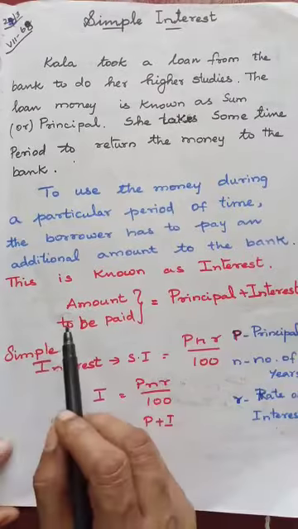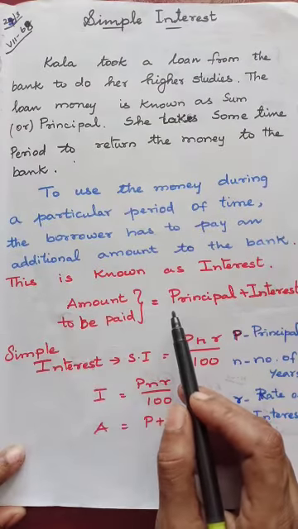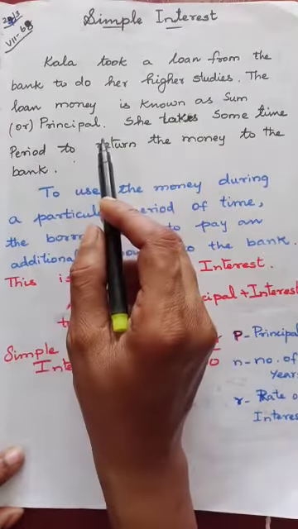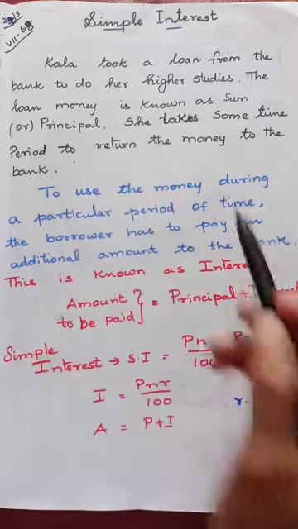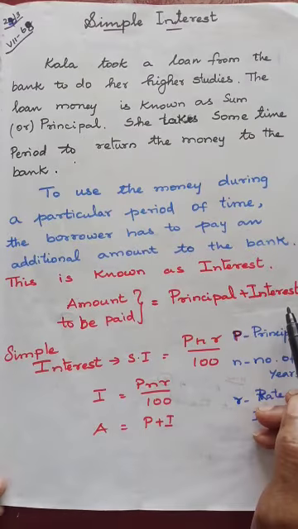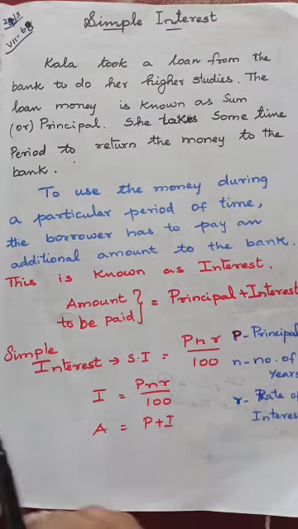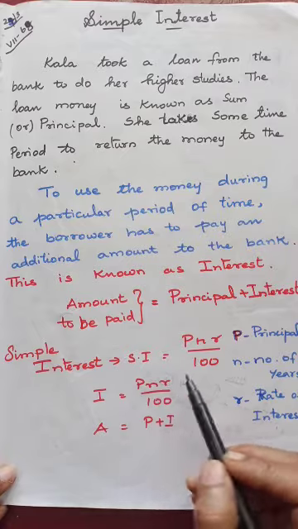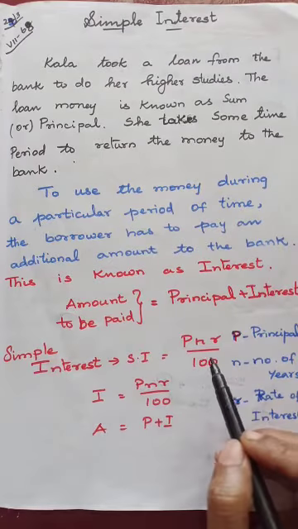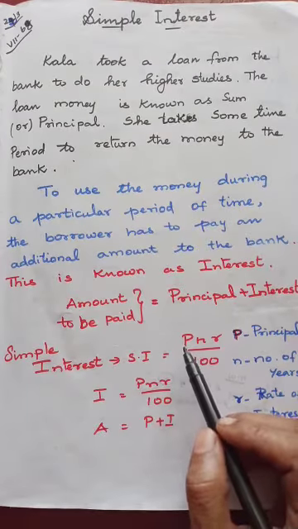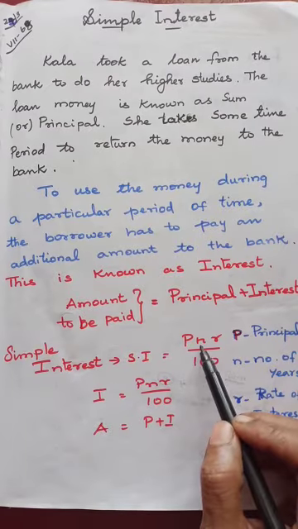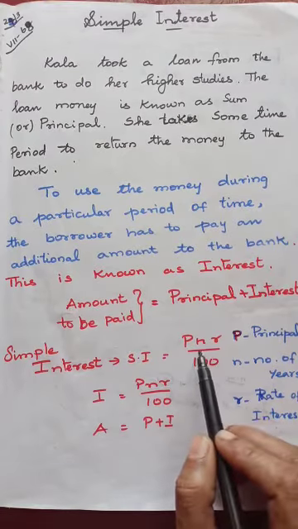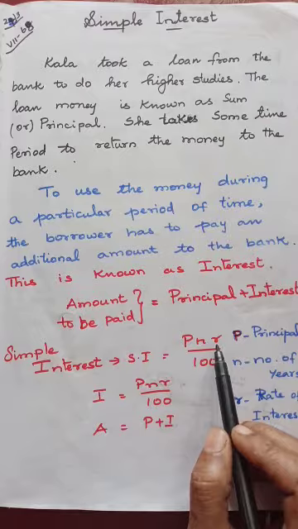Now, the amount to be paid is equal to the principal he got as loan plus interest for the period he used the money. Then simple interest, that is SI: you have to calculate the interest by principal into number of years into rate of interest.